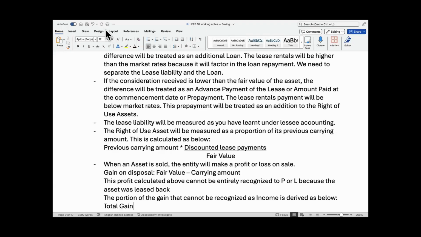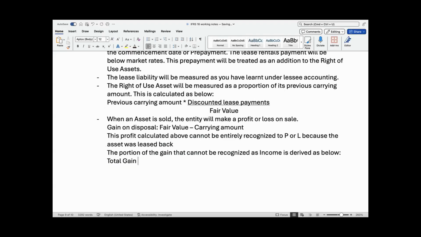This gain that we computed here, this gain on disposal, you multiply by the discounted lease payments divided by fair value of the asset.